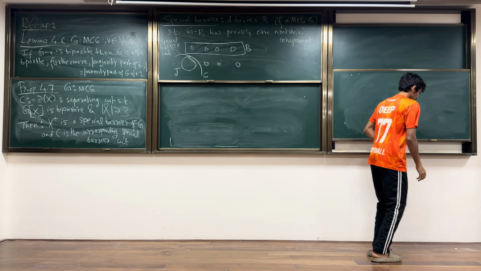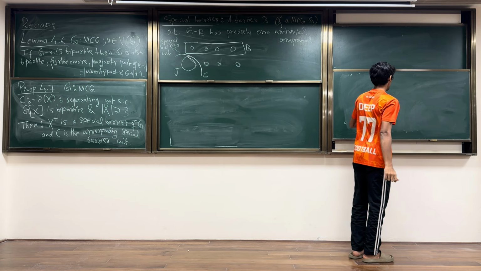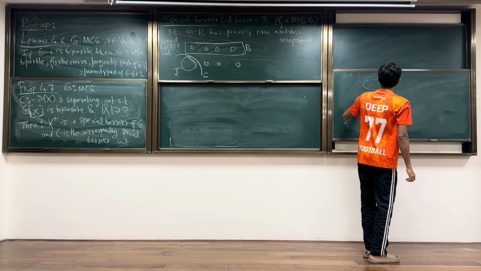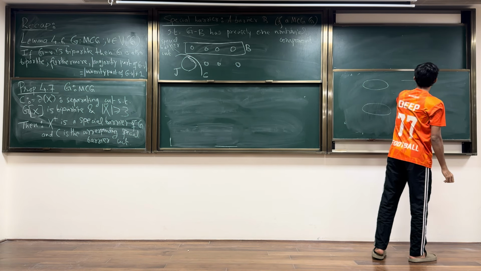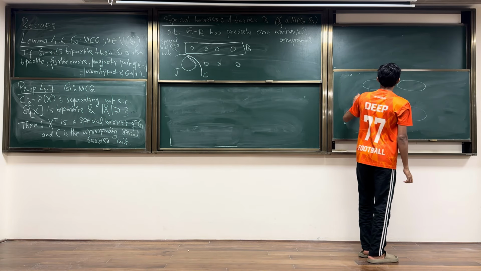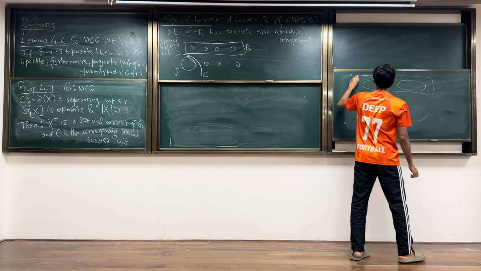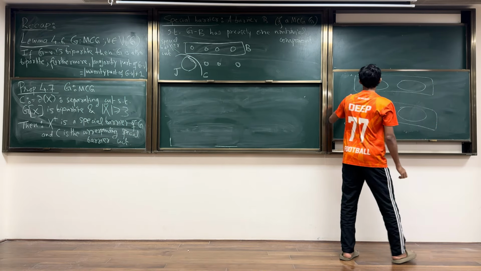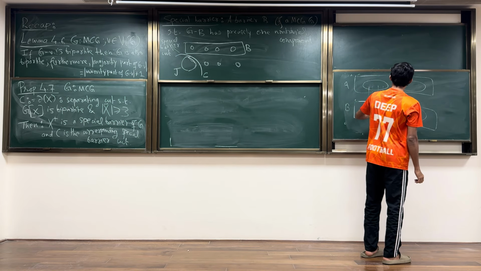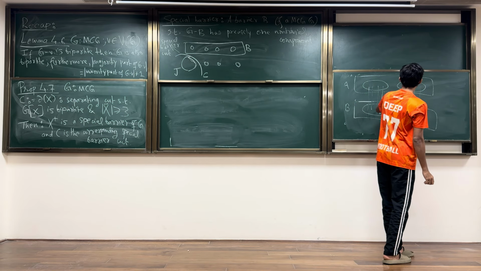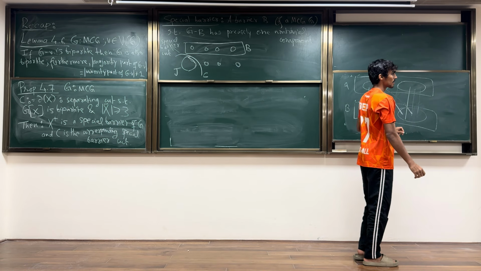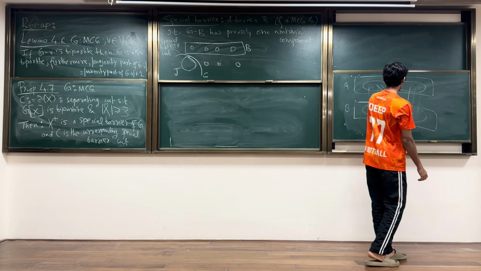So, now given a bipartite graph, this is let's say A and B for a bipartite graph. There's edges like this, and there's edges like this, going across in some sense.